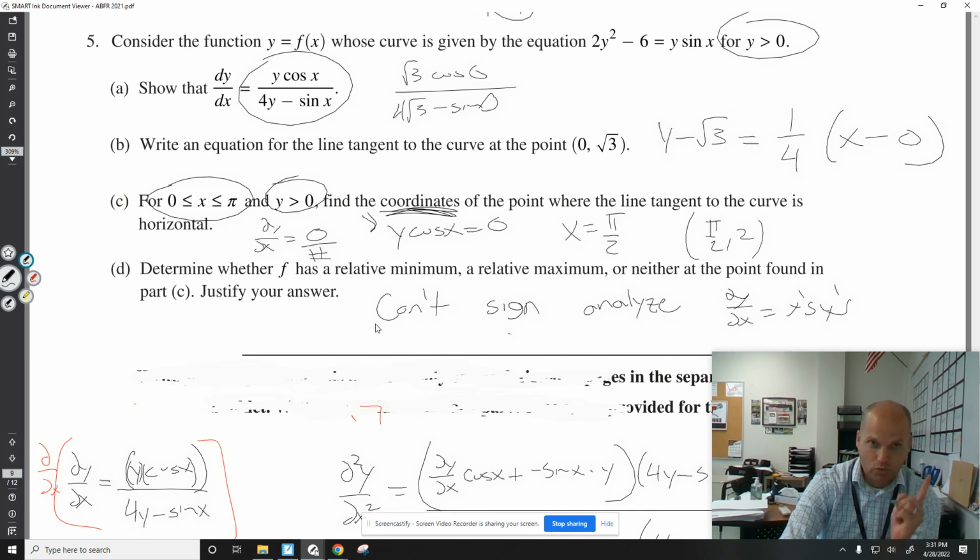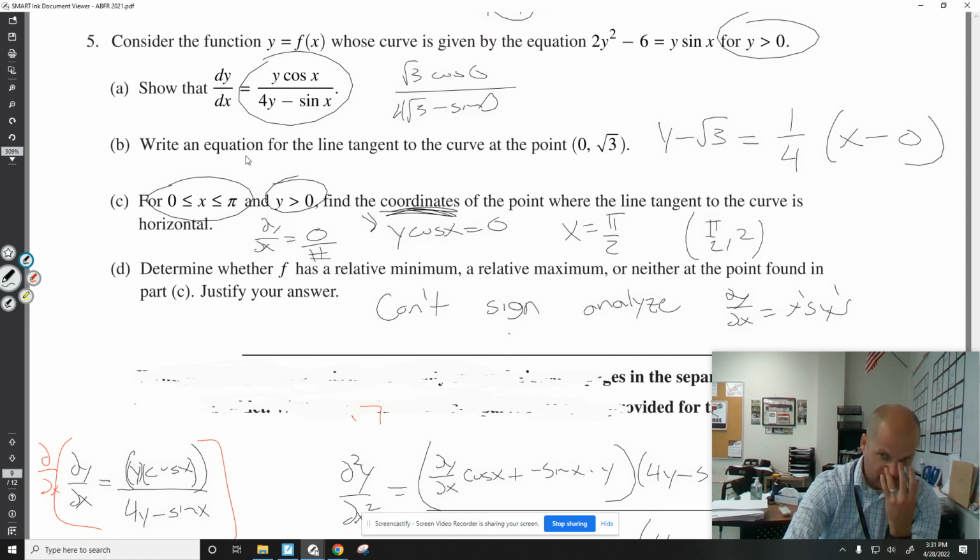Now, you know that my first derivative at pi over 2, 2 is 0. Think about it. Plug in pi over 2 for x. The cosine of pi over 2 is 0. 0 divided by anything is 0.